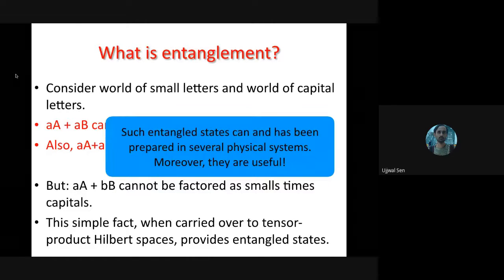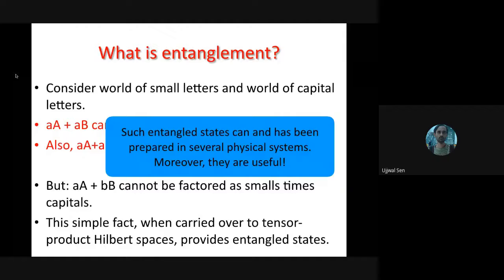So this is my definition of entanglement. Of course, this is not very mathematically precise, but because of the restrictions on time, we will sort of accept it. So we have defined in a hazy way what entanglement is.